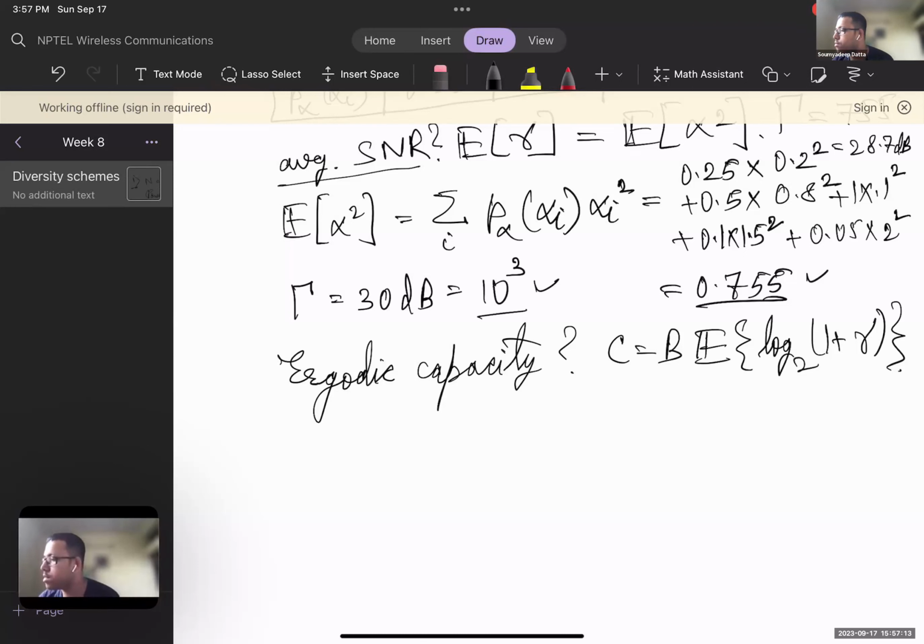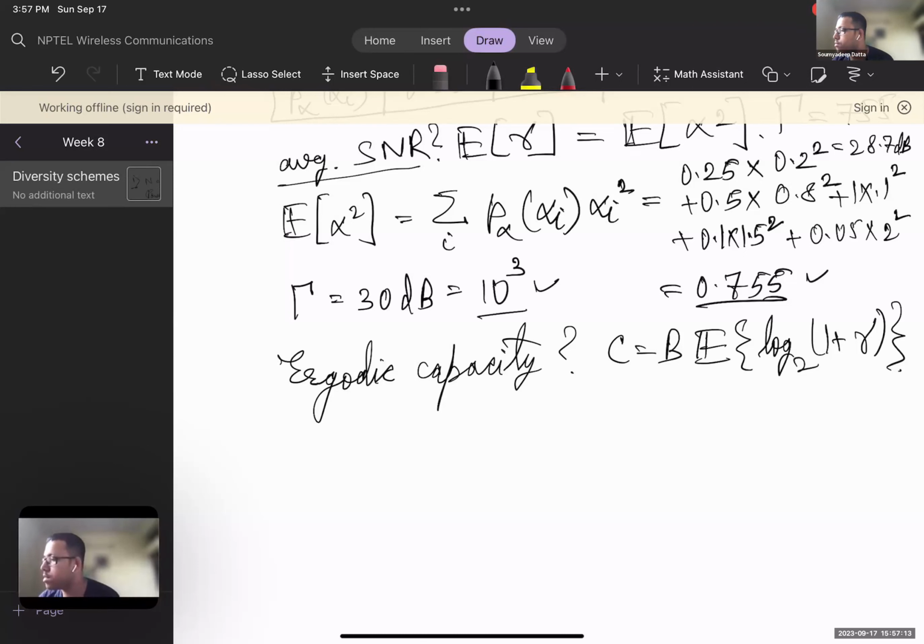Your expectation of log of 1 plus gamma is the summation over all i of the probability of the fading coefficient times log of 1 plus alpha i squared times capital gamma.